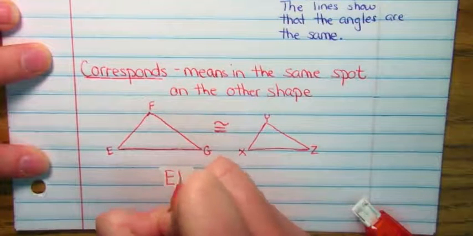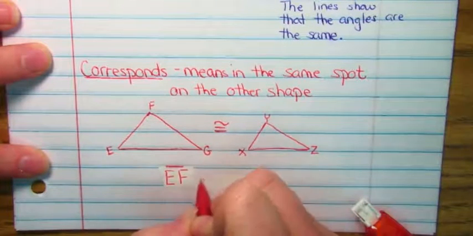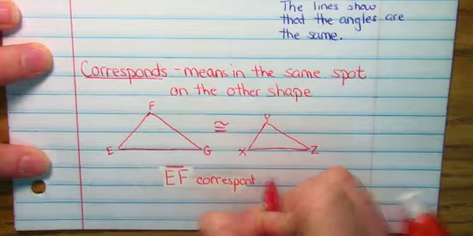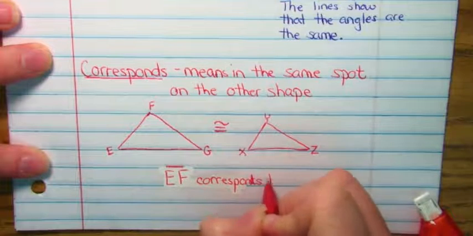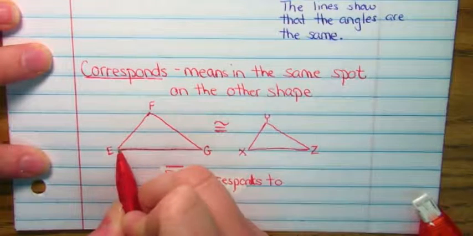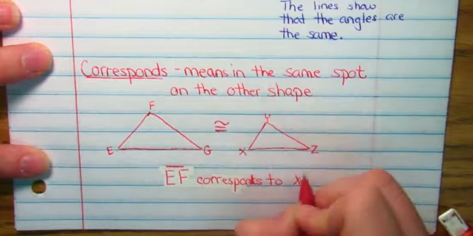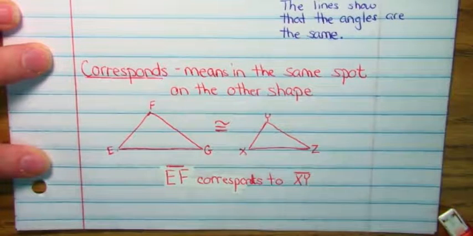So E to F, remember we said it has a line, corresponds to, and we look over on the other one, from the E to F, what's in the same spot is X to Y. They are in the same spot, so they correspond.